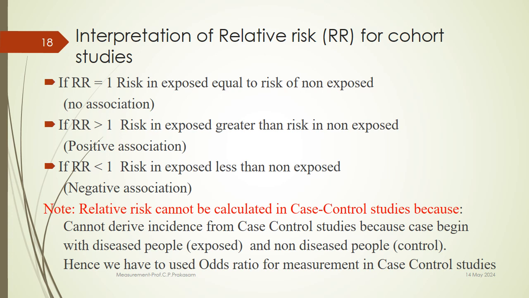That is a positive association. And if your RR, that is risk ratio, is less than 1, risk in exposed is less than non-exposed, a negative association. Looking back at cohort studies and case control studies, we cannot derive the incident rate in a case control study. That is important.